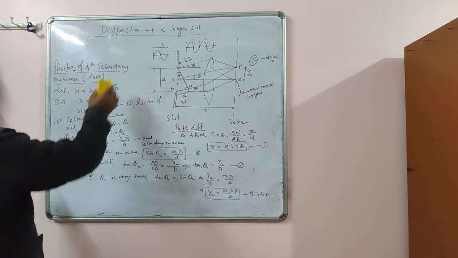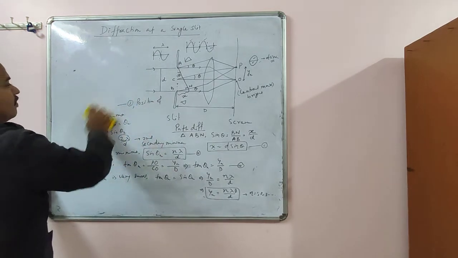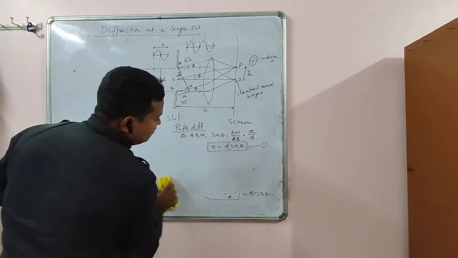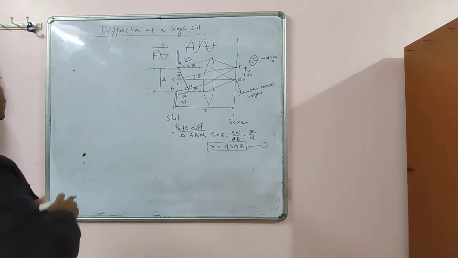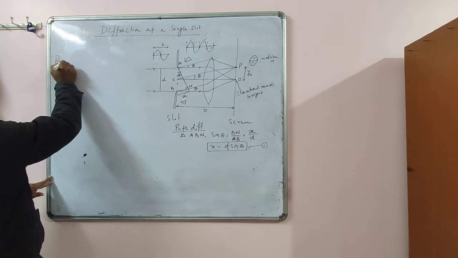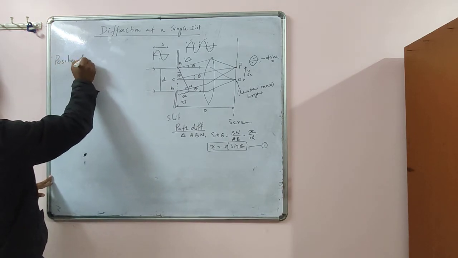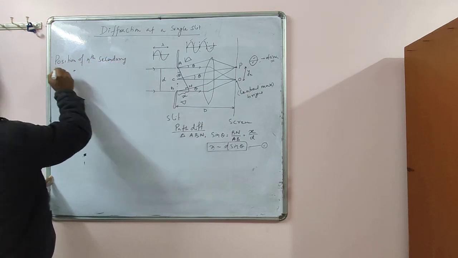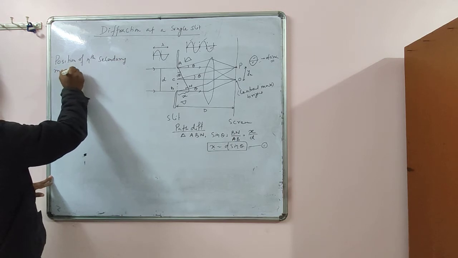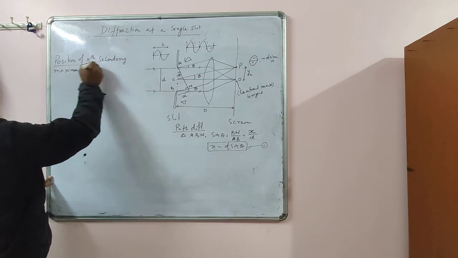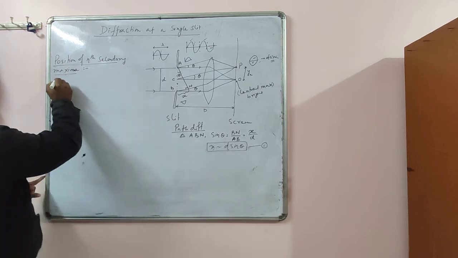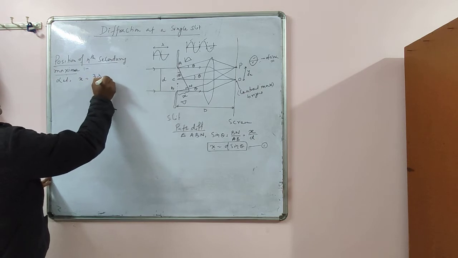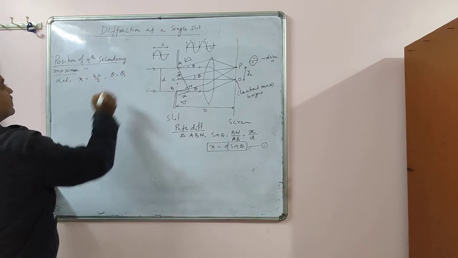Now let me find out the position of nth secondary maxima. For maxima we use, let x is equal to 3 lambda by 2 and theta equal to theta 1 suppose.